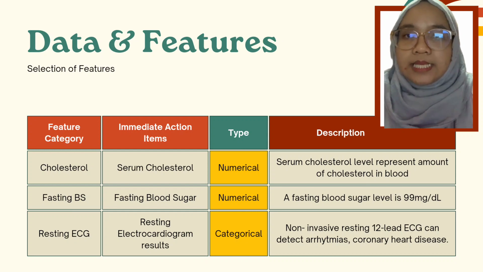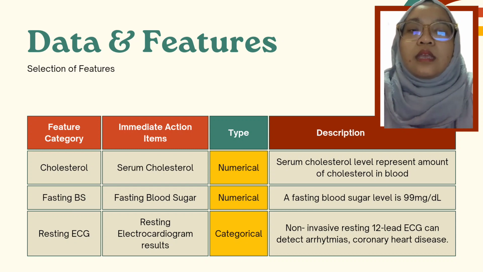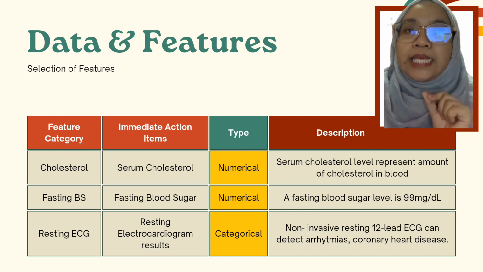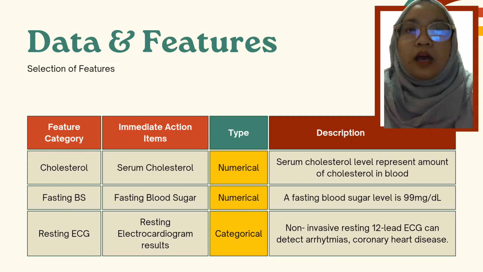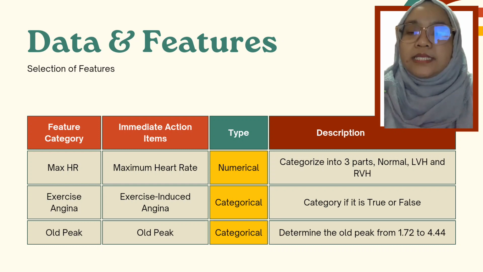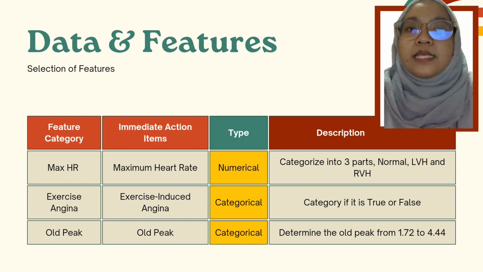Next, resting ECG is the resting electrocardiogram result, and the type is categorical. It is a non-invasive resting 12-lead ECG that can detect arrhythmias and coronary heart disease. Next, max HR, which is maximum heart rate, and the type is numerical.